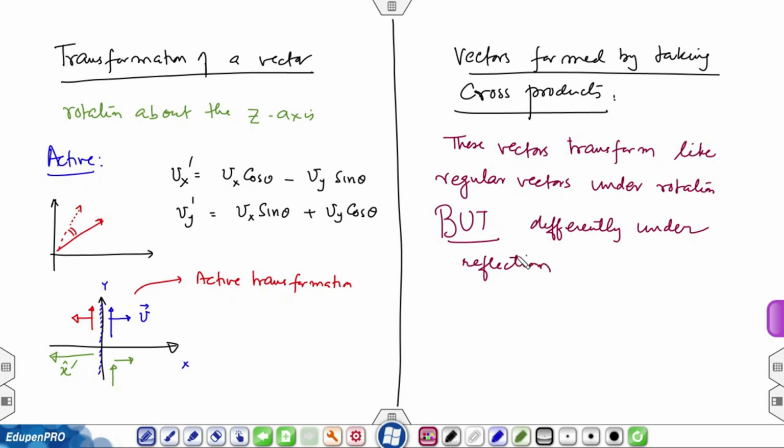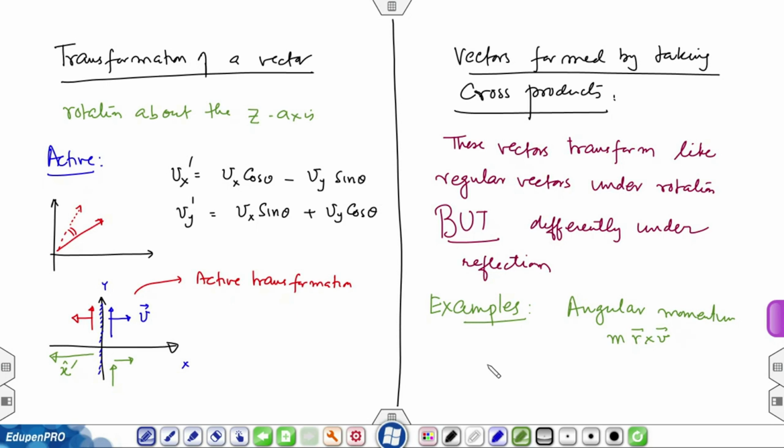What are the examples of such vectors? Examples are angular momentum, which is m r cross v.